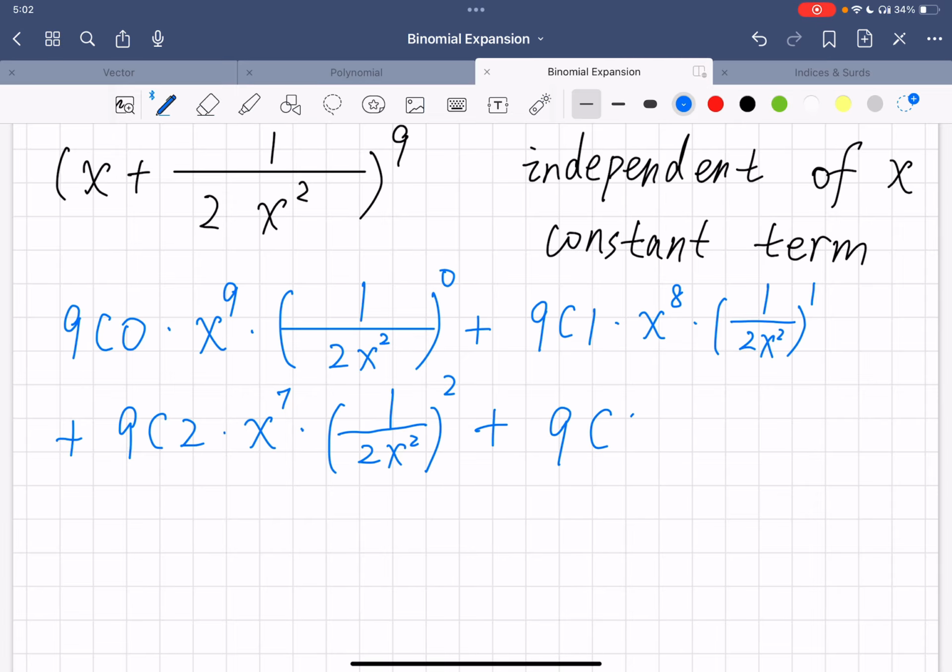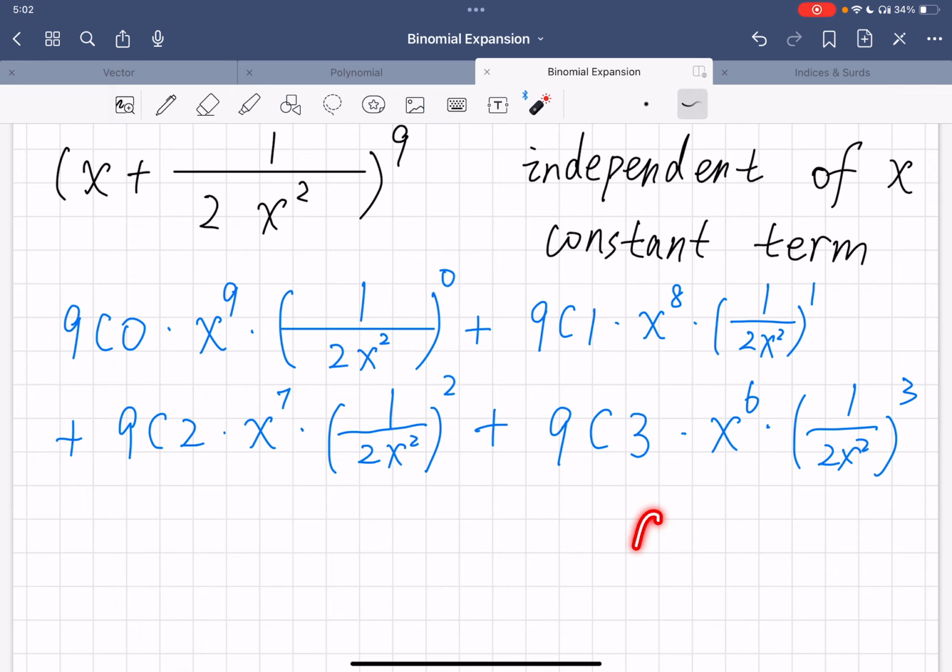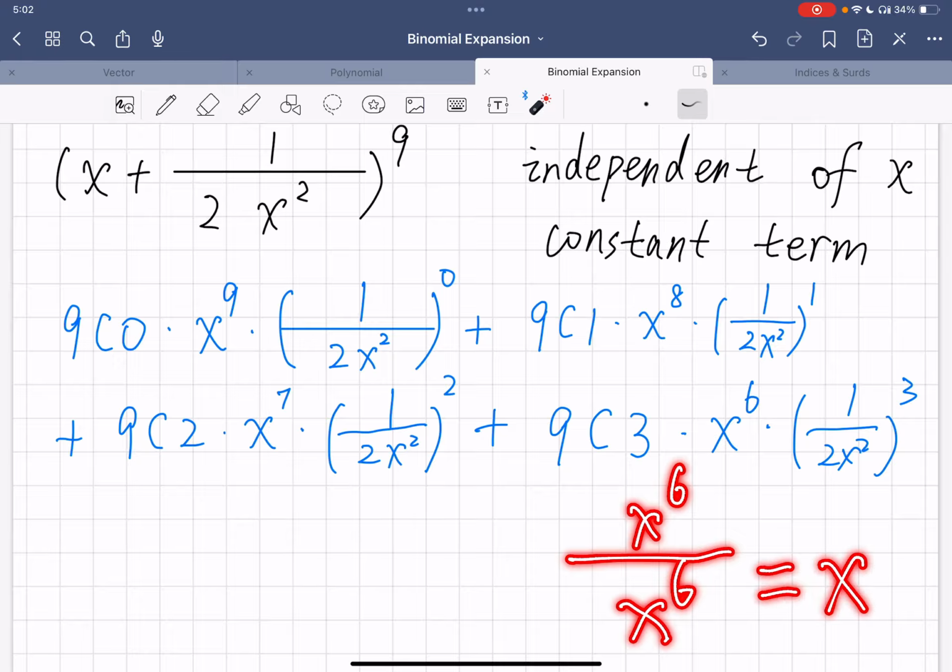It's 9C3 times x to the power 6 times 1 over 2x squared, power 3. Can we find that? So x to the power 6 divided by x to the power 6. Wow, fascinating. We've got x to the power 1. That's what the question is asking us, right?